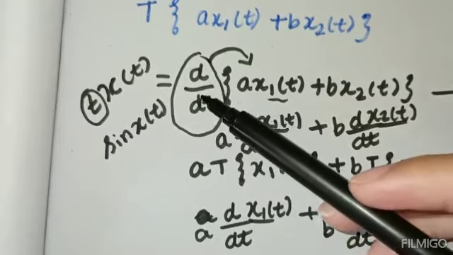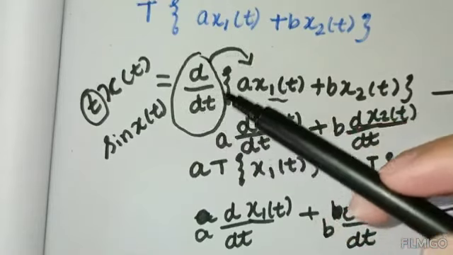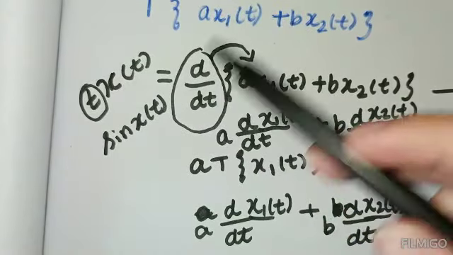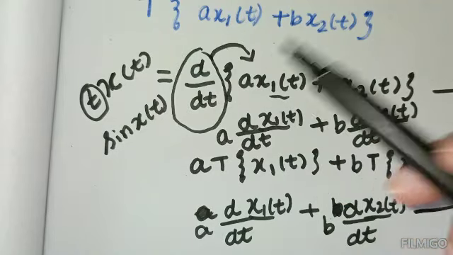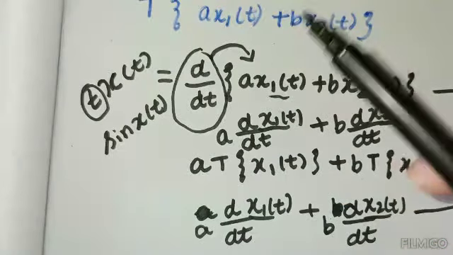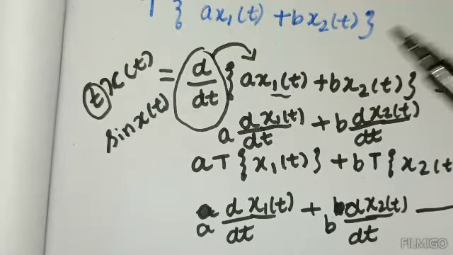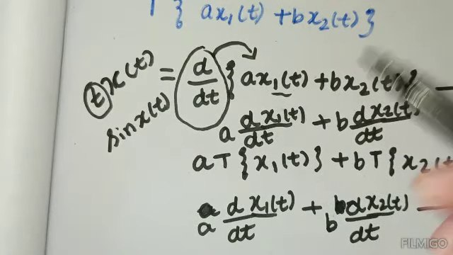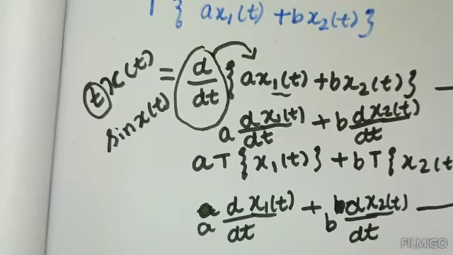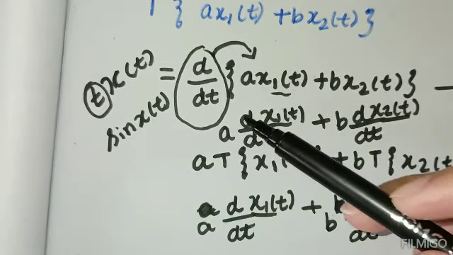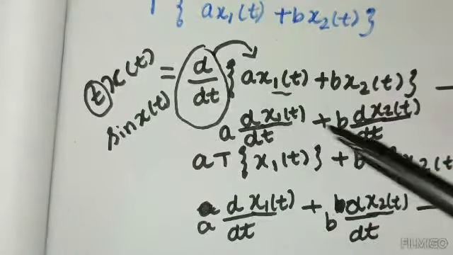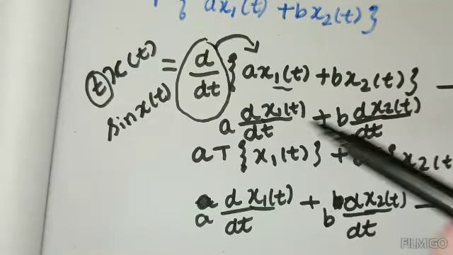Then you have to check whether this differentiation gets multiplied to a x1 of t as well as b x2 of t. If so, then you can say it is a linear system, because when it gets multiplied to this, you get the result like this, right?